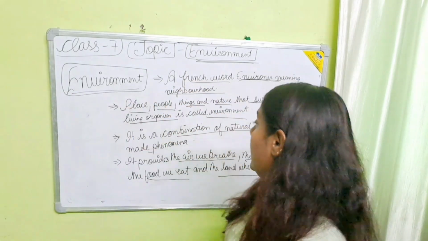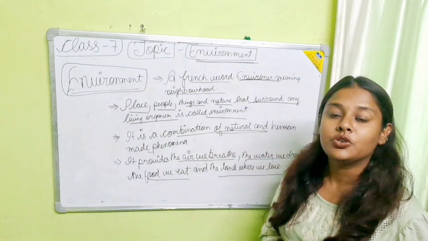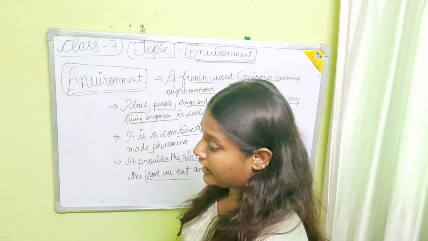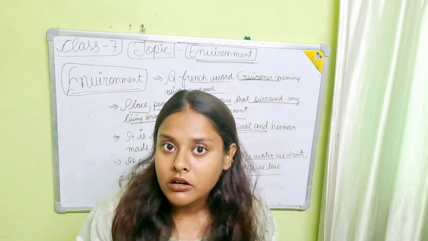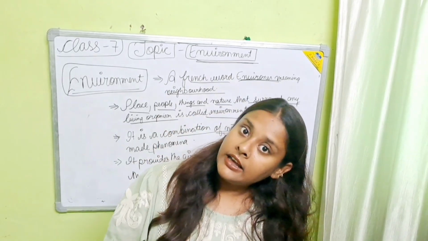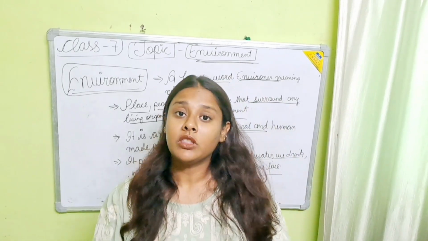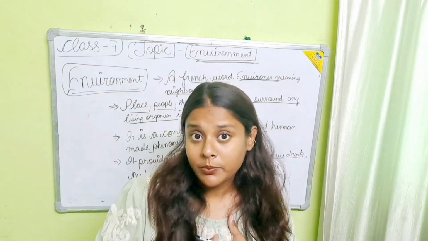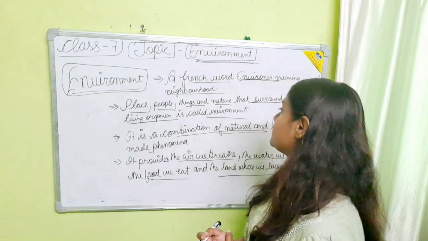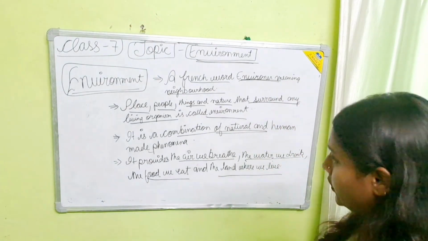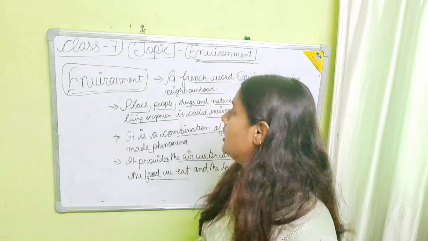It is a combination of natural and human phenomena, and natural phenomena refers to air, water, land. So environment is the air we breathe, the land on which we live and the water we drink.